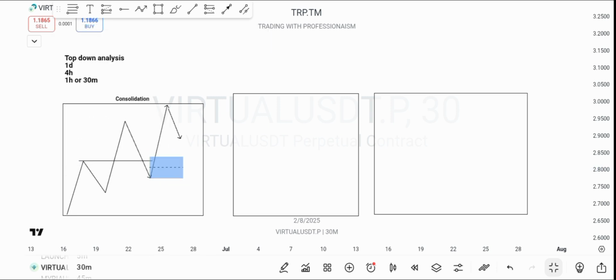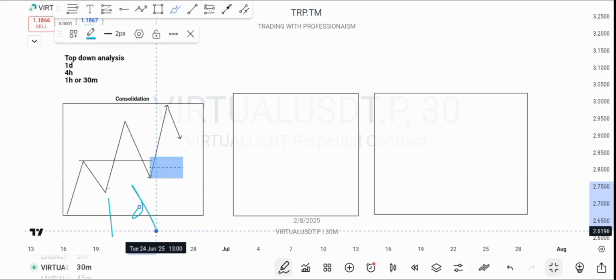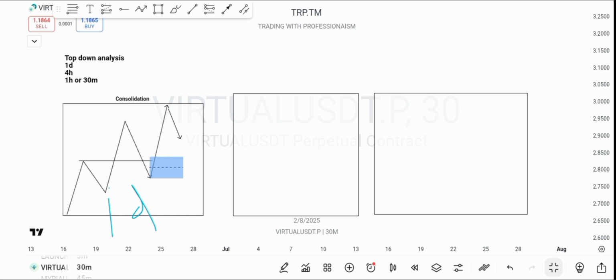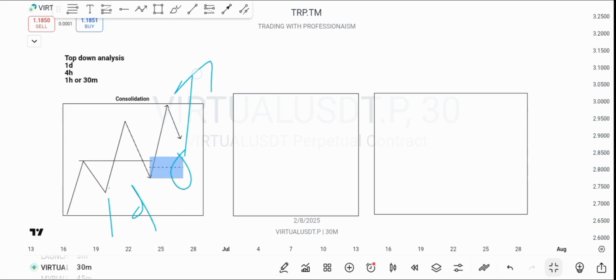So you have confirmed your bias in the 1 day time frame. You know the market is coming down to react from this demand here and go up.